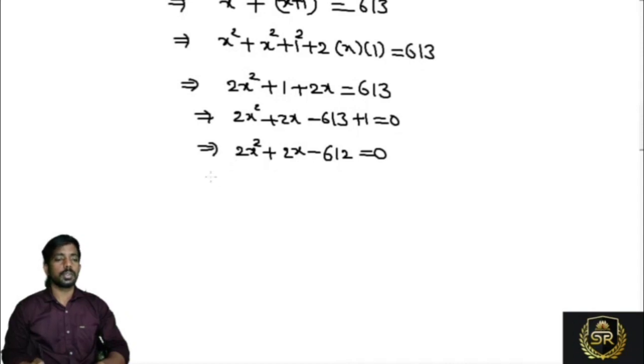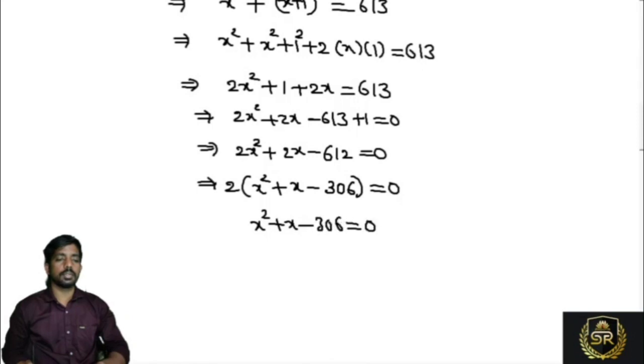Here 2 is common, so take 2 common: x square plus x minus 306, because 2 sixes are 12 and 2 threes are 6, equals 0. Send the 2 to the right hand side, so it becomes x square plus x minus 306 equals 0.